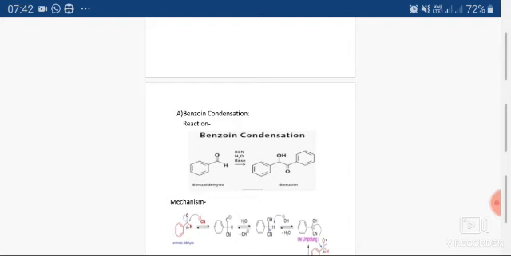In the general reaction, aromatic aldehydes undergo condensation with a mild base to give acyloin. And in particular, we have taken the example of formation of benzoin.